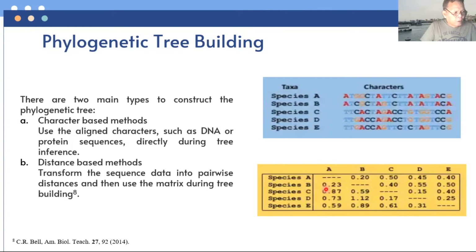The second is to transform the sequence data into pairwise distances and then use the matrix during tree building. Let's see this one. This is taxa, and also this one.